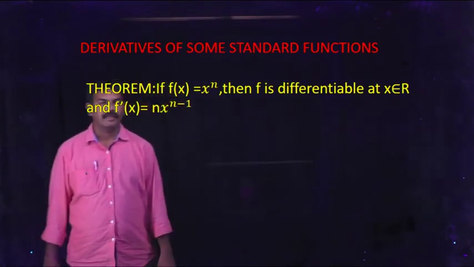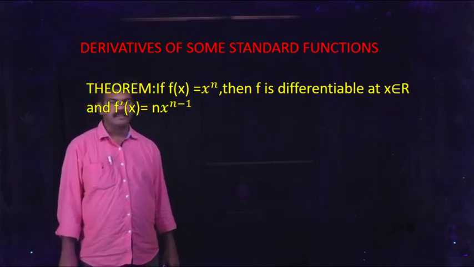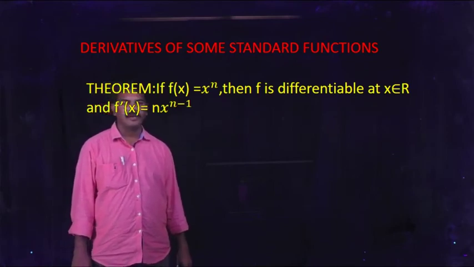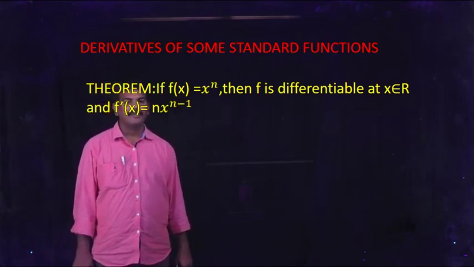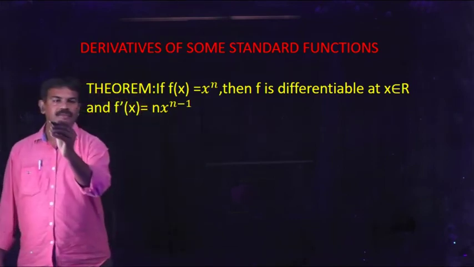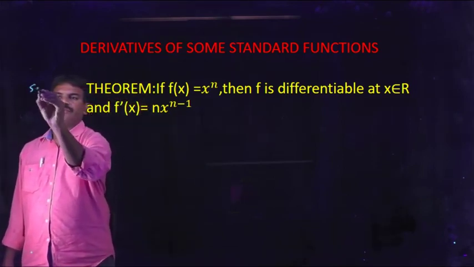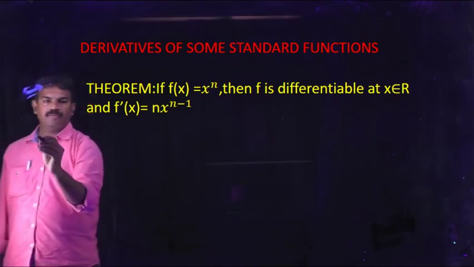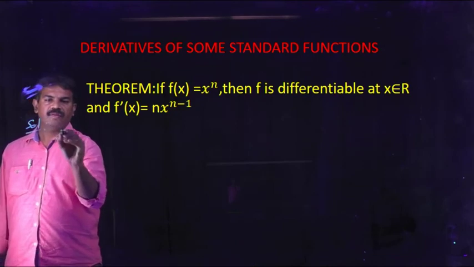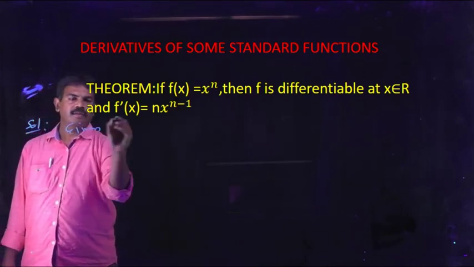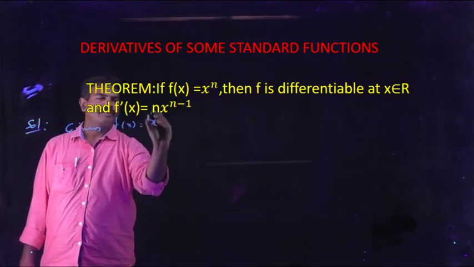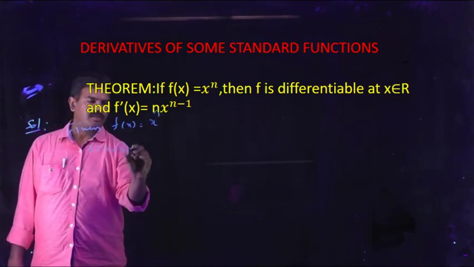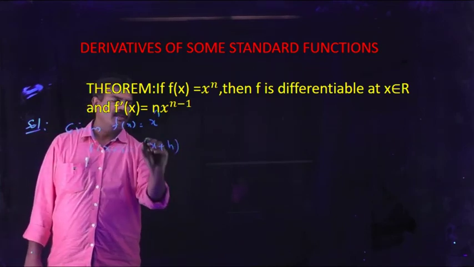Next one is derivatives of some standard functions. Theorem. If f of x is equal to x power n, then f is differentiable at x belongs to R and f dash x is equal to n into x power n minus 1. Solution. Given f of x is equal to x power n, f of x plus h is equal to x plus h whole power n.